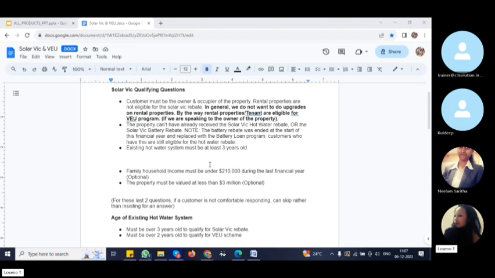If they say no, just a tank, they're all good. But if they say they have a solar booster or a gas booster, you advise the customer that in order to qualify for this upgrade, they need to detach the boosters from their electric hot water storage tank.